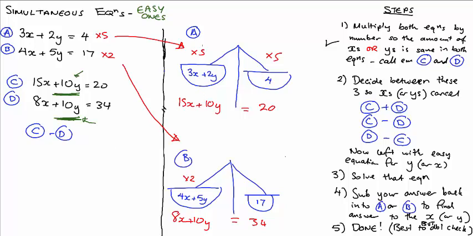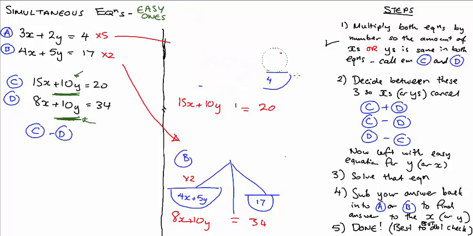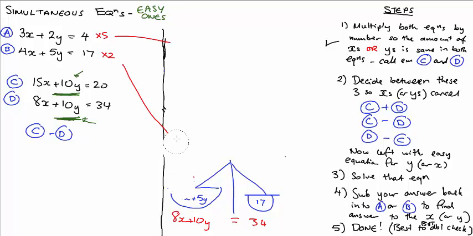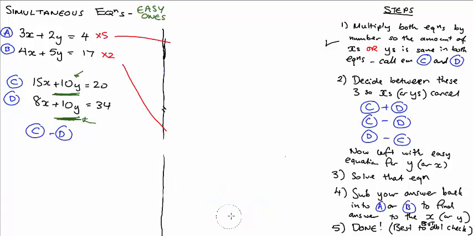Let me show you the quick way of doing it, and then let me actually tell you why that works. If I do C minus D, literally this is all you have to do. Just do plus 15x. So if you want to find out how many x's there are, just look at how many x's are here, plus 15x, and then obviously take away.